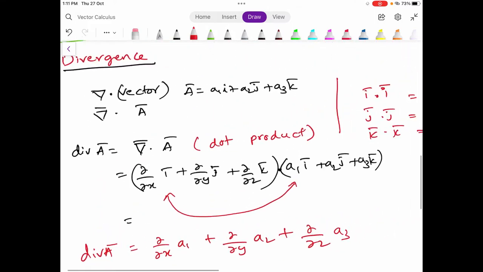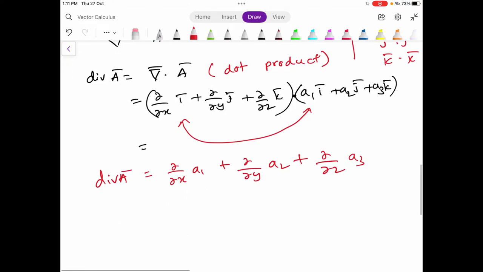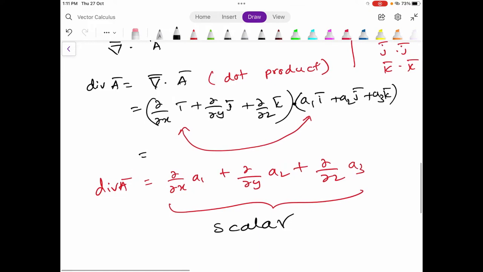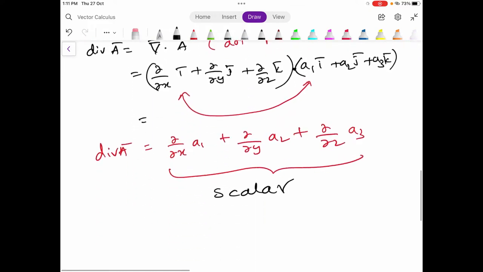This is how we multiply with a vector. But what are we getting here? This is a scalar quantity. We are not having i bar, j bar, k bar. So the divergence of a vector gives a scalar quantity.